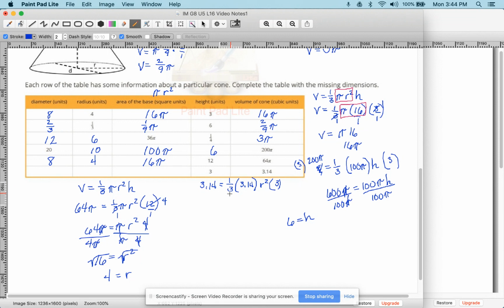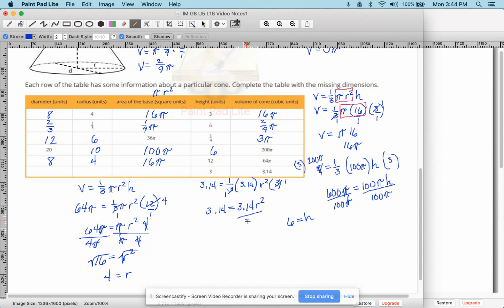Okay, cross cancel, we go, 3 goes into itself once, 3 goes into 3 once, so I have 3.14 equals 3.14 times my radius squared, because this is 1 over 1 or 1, and this turned into 1 as well.